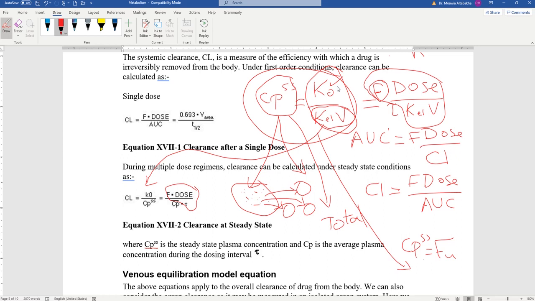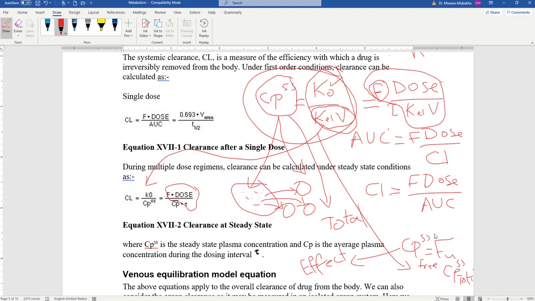Okay? إذا هنا بدي أكتب CPSS free هو يساوي الفراكشن unbound multiplied بال CPSS total. Okay? What will it give me? It will give me the CPSS free. طب شو CPSS total? It is K0 على KEL في V. What is the importance of this one? This one is giving the effect. The pharmacological effect is related to the free concentration. Okay?